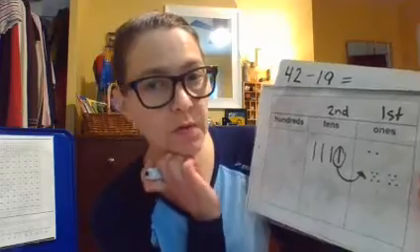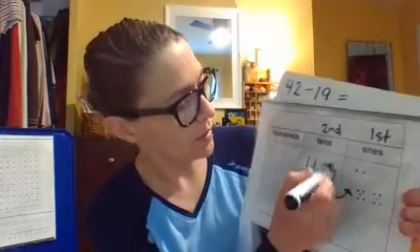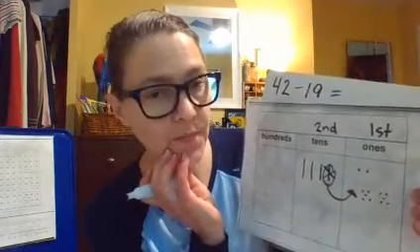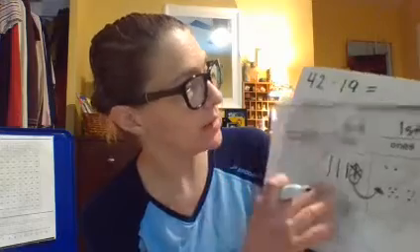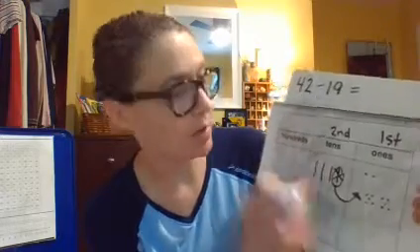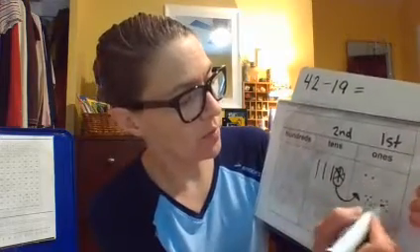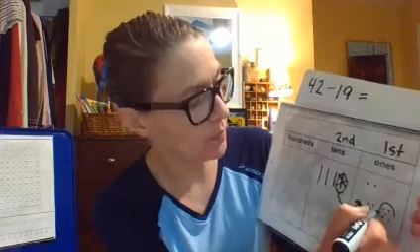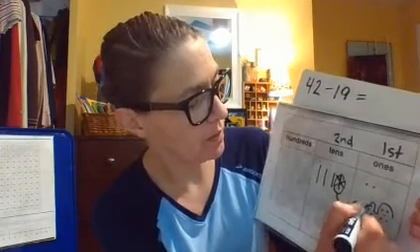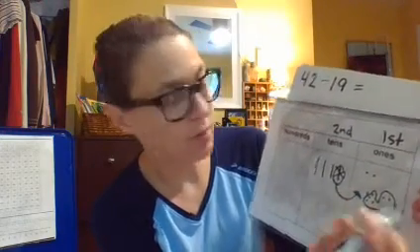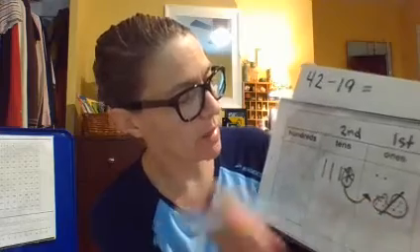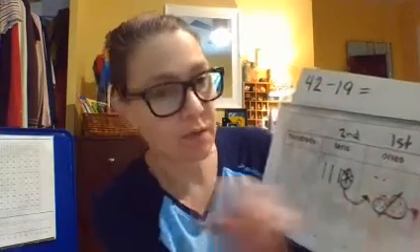That's what it's worth. And then this ten is no longer here, so I'll cross it off. Now I can take away the 9 ones. I know that 5 plus 4 equals 9, so I'm going to take that away right away. That's my 9 right there, and I can even label it.